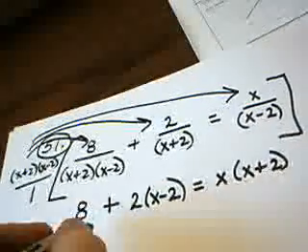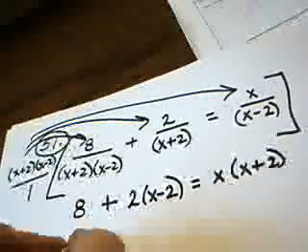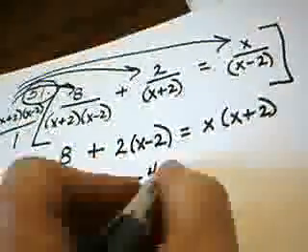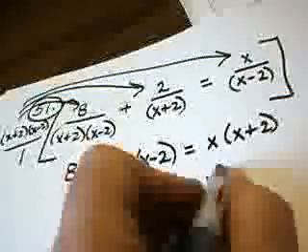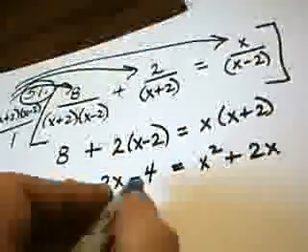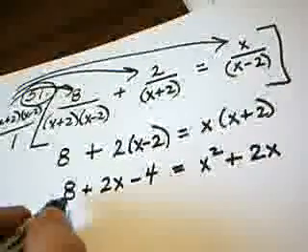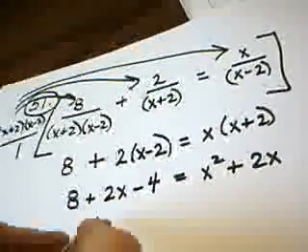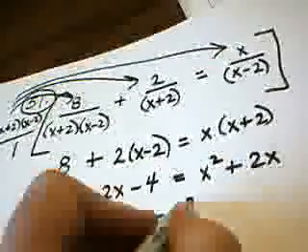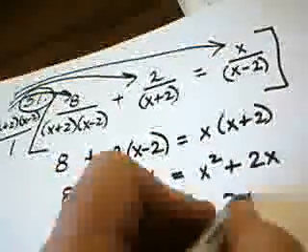I continue distributing, so I have 8 plus 2x minus 4 is equal to x squared plus 2x. I collect like terms on this side, which gives me 4 plus 2x is equal to x squared plus 2x.